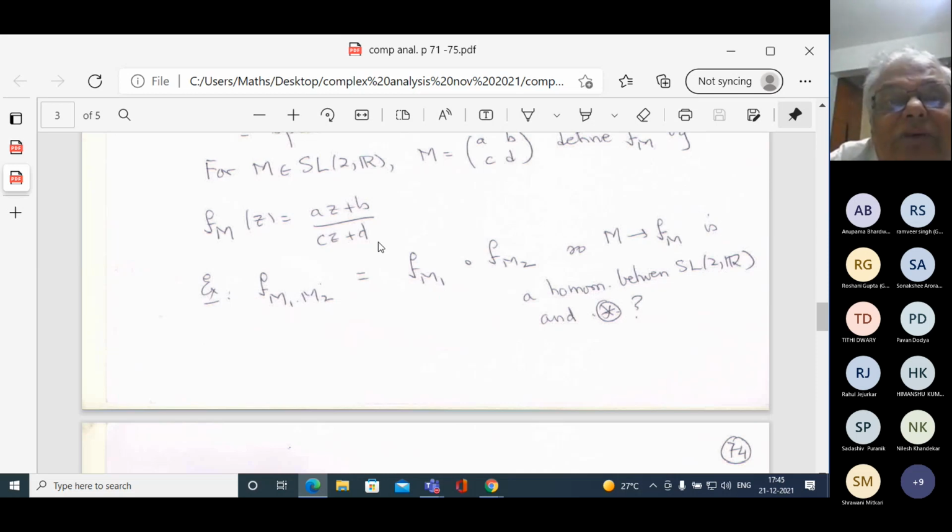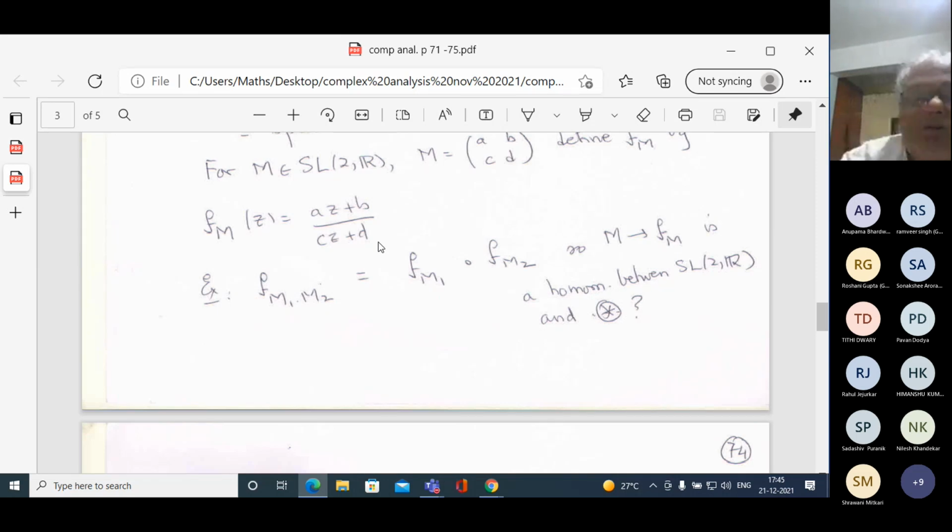So f_m is equal to f_{−m}. Whether you're looking at m or minus m, which is (−a, −b, −c, −d), the automorphism that you get is the same.